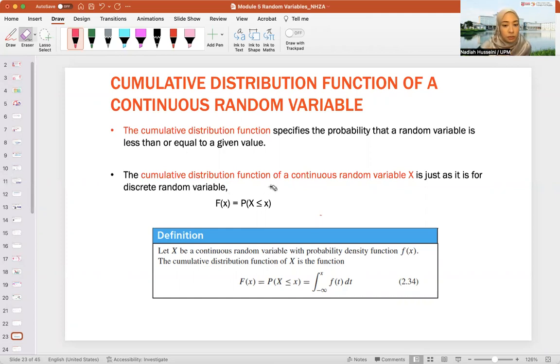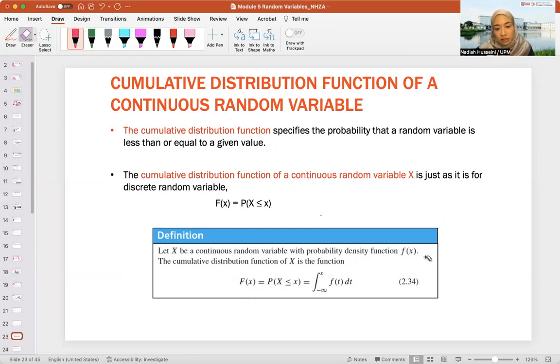The cumulative distribution function of a continuous random variable x is just as it is for a discrete random variable, whereby you have your capital F here. It is equal to the probability that x is equal to or less than some value. So this is the definition. Basically what you're integrating is anything from minus infinity up to x.